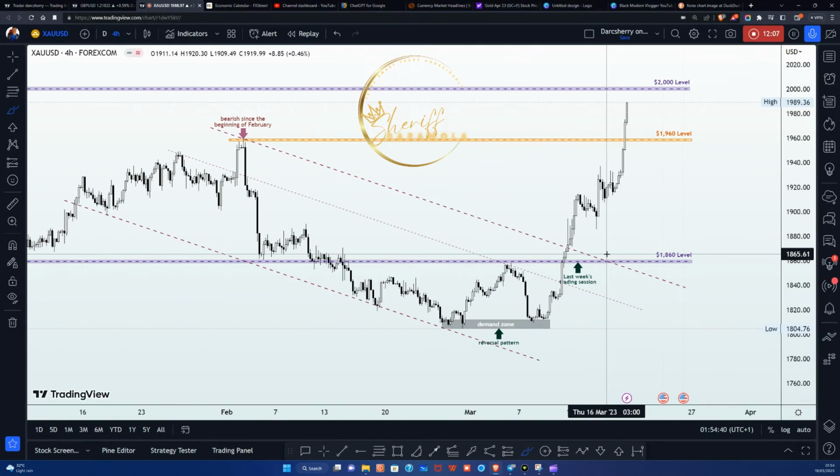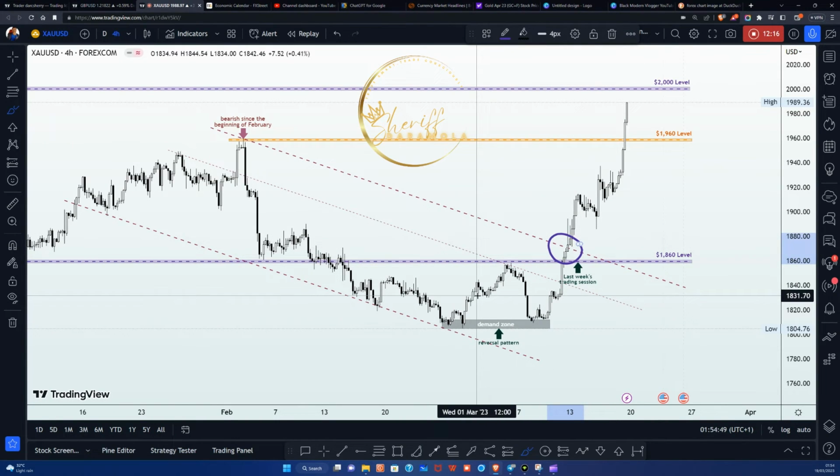Now, at the beginning of last week's trading session, we saw the breakout of the resistance line of that descending channel to further buttress the strength of the buyers in this particular market. And since the breakout of the structure happened, price action has continued to find higher highs in this market.